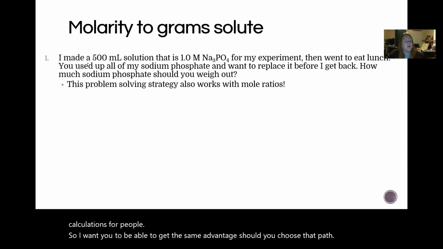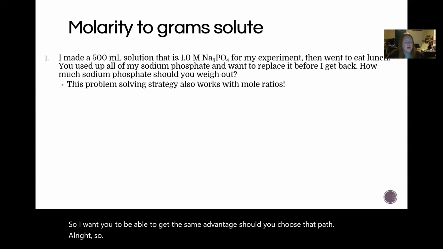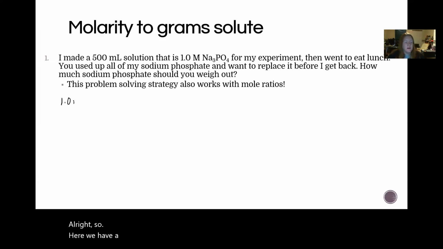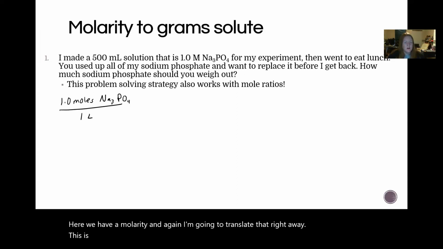All right, so here we have a molarity, and again, I'm going to translate that right away. This is a mental exercise that you have to develop. And we also know there's 500 milliliters.